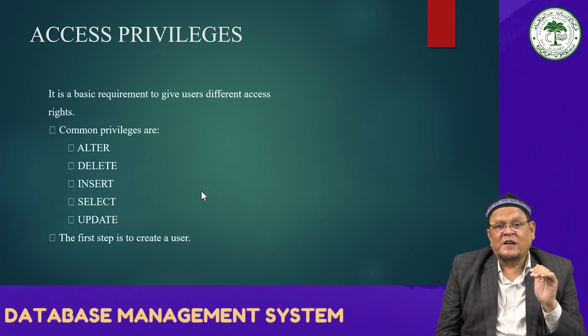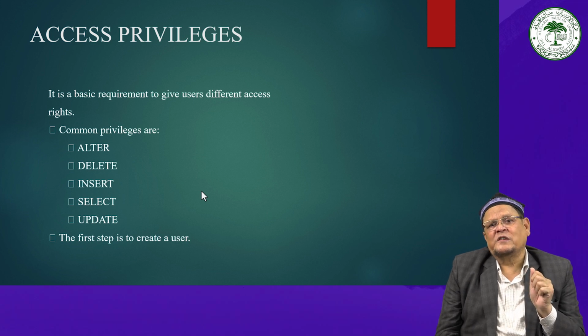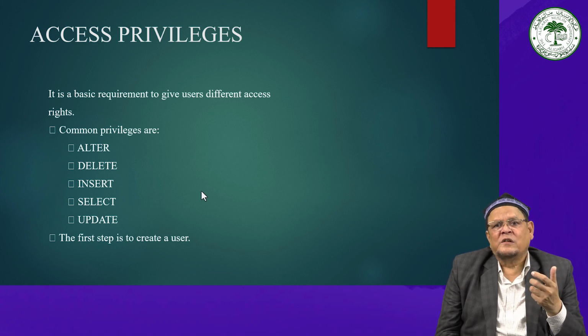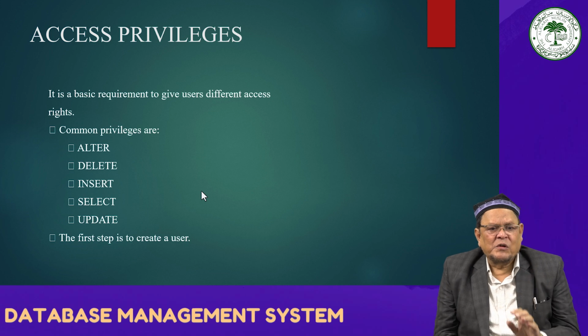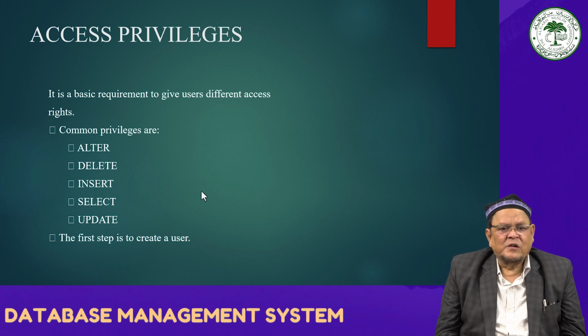Select: you want to retrieve information, for example, list the names of employees who live in Medical College, Aligarh Muslim University, Aligarh. Then update: the address of the employee has changed, so you have to change it. So these are the 5 basic privileges we have to give the users.